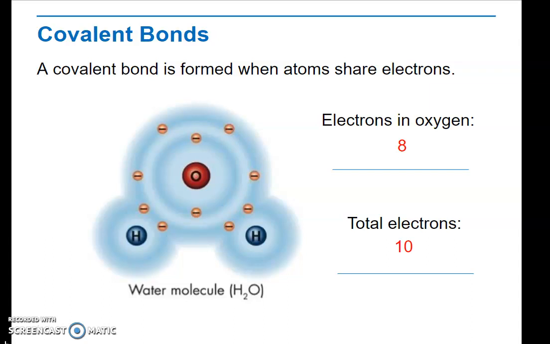Okay, so if each hydrogen has 1 electron and oxygen has 8, how many electrons in total, as it says in the figure? 10. So in this image we see that electrons are being shared between oxygen and hydrogen to form covalent bonds. So these are covalent bonds, and we can remember ionic, opposite, attract, and covalent, sharing.